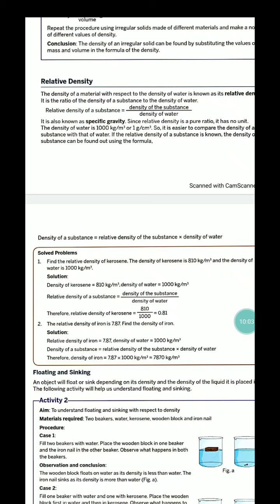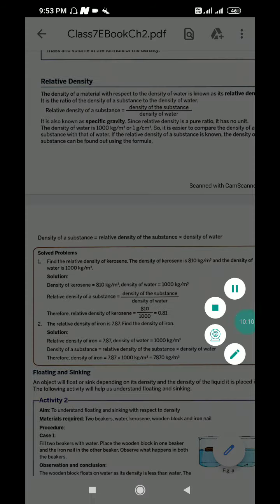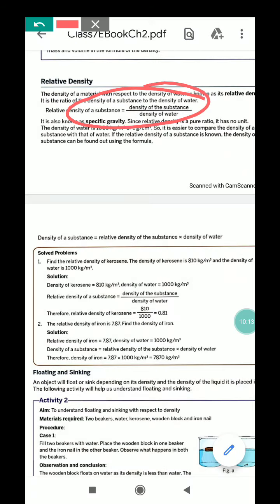As we know the formula, we will use it. The density of kerosene is given as 810 kg per meter cube, and the density of water is 1000 kg per meter cube. So relative density of kerosene is equal to density of the substance by density of water. Therefore, relative density of kerosene is equal to 810 by 1000.